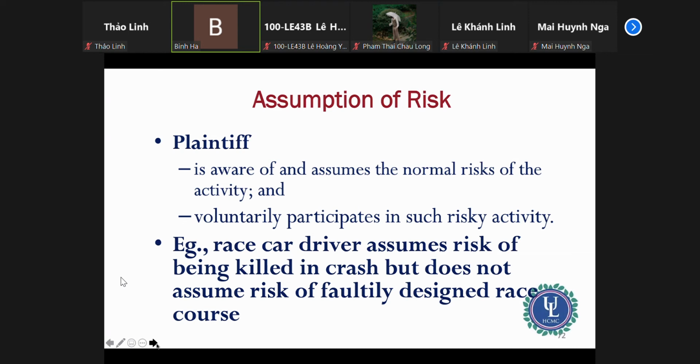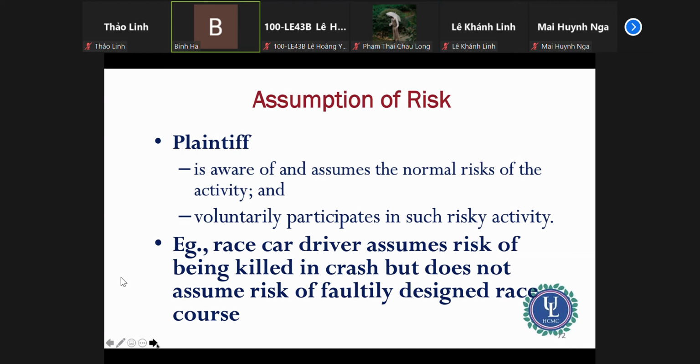So the example on the board is that race car drivers may assume the risk of being killed in a car crash, because you know that car racing could be very dangerous. Those who participate in sports could assume the risks that may happen out of that sport.